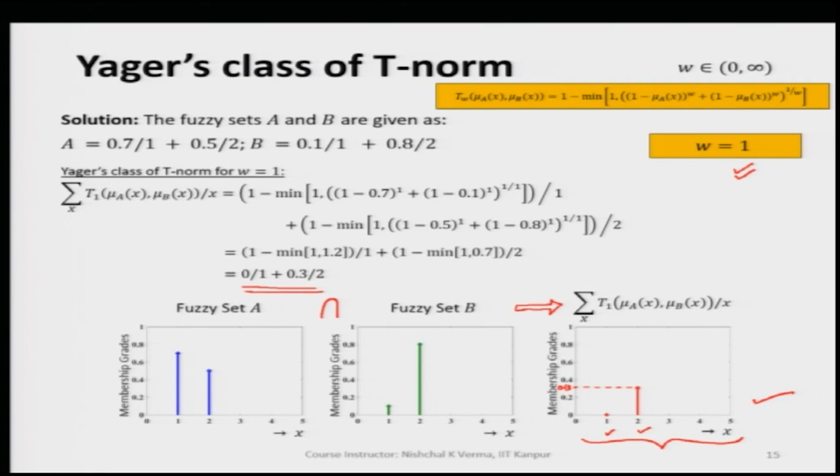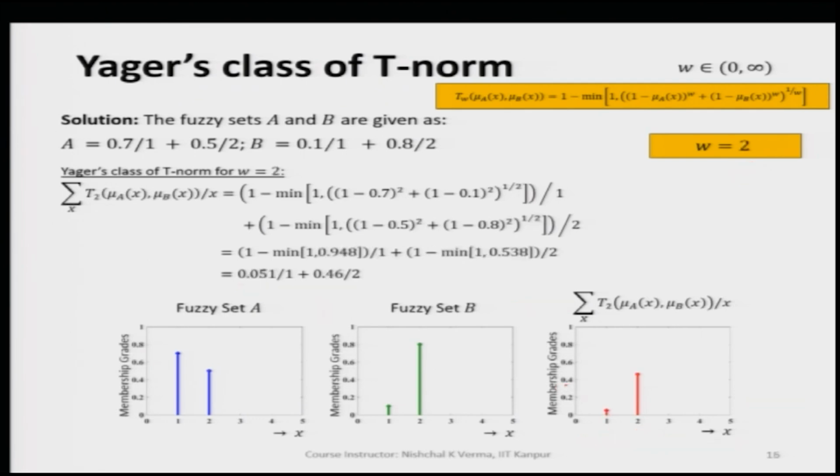Now, for the same set of fuzzy sets, we find the intersection based on the Jaeger's class of T norm for W is equal to 2. So, when we increase the value of W here to 2, we see what is happening.